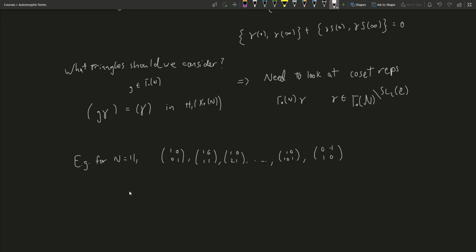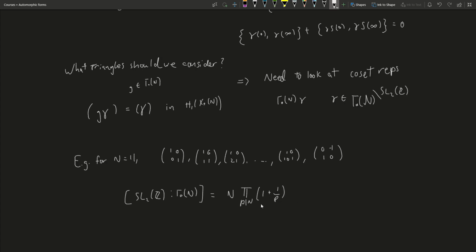In general, what is it? The index of gamma naught N in SL2Z is equal to N times the product over primes p dividing N of 1 plus 1 over p, right?